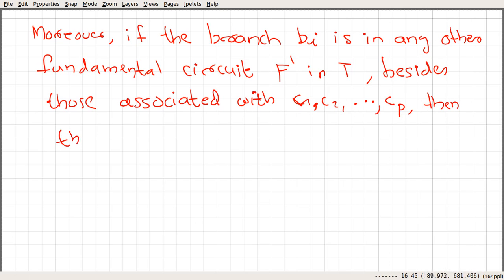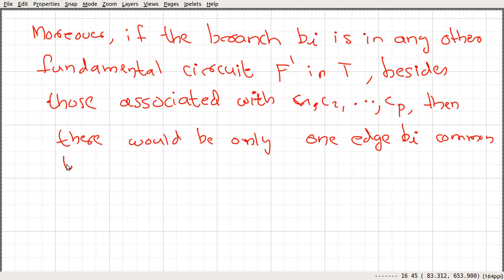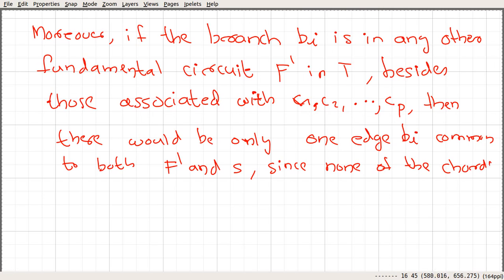then there would be only one edge BI common to both this F dash and S. The reason is that none of the chords in S are in F dash.